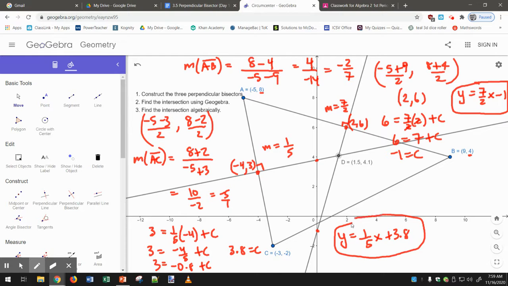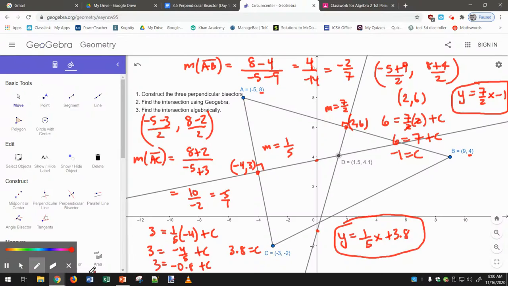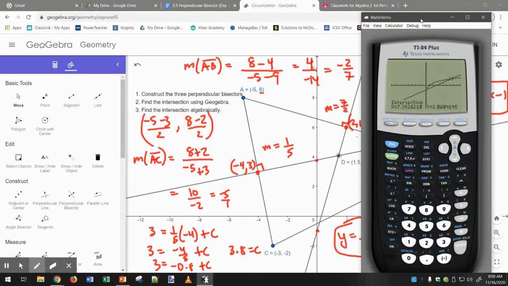Okay. And now, to find the coordinates of this point, we can solve it algebraically by setting these equal to each other. Or you can graph it on your graphing calculator. So I'm going to do that. I'm going to get my graphing calculator. Okay.